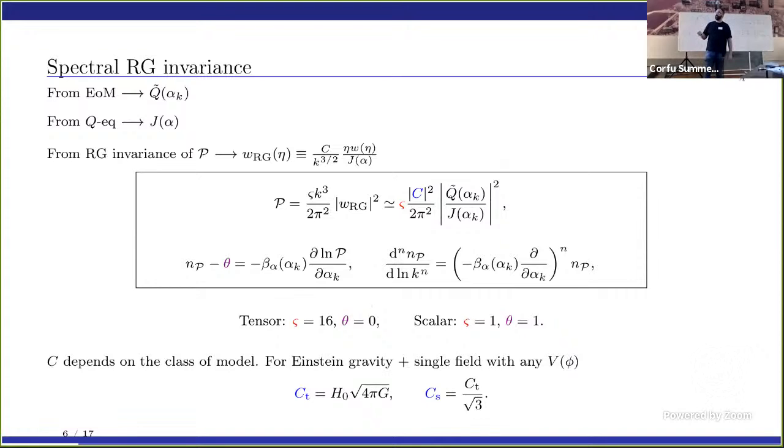From the Mukhanov-Sasaki equation, you can derive q tilde. And from the equation of q, we can derive j. And then, since we know already that the power spectra have to be RG invariant in the sense that I defined before, you already know the form given the solution W of the previous equation.